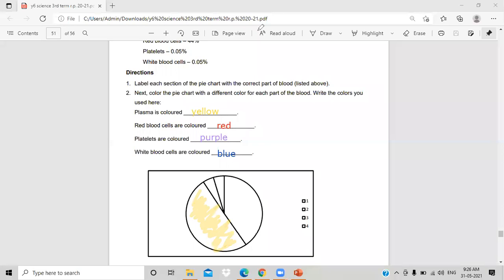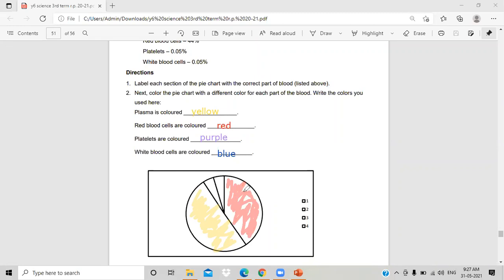Okay, Hannah, which part should I color red? The other half. The other half, which is missing a little piece, right? So I'm going to color this one red, which represents the red blood cells, which is about 44% of the whole blood composition.